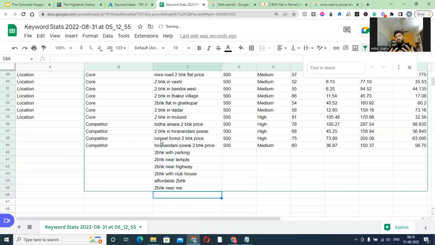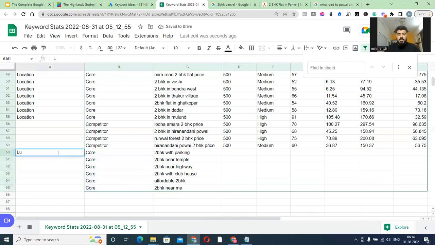All right. Now we didn't get these keywords, but you might get them as search terms. So let's assume we started the campaign and ran it for a little bit, and we realized people are also searching for these things. So again, we need to put a category to this as well. This is also core, right?